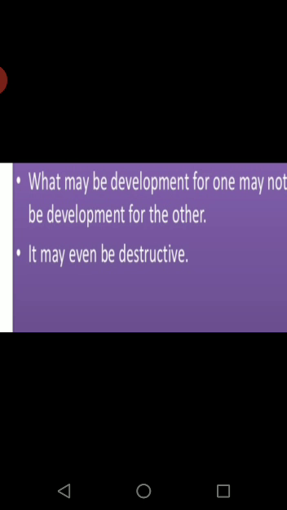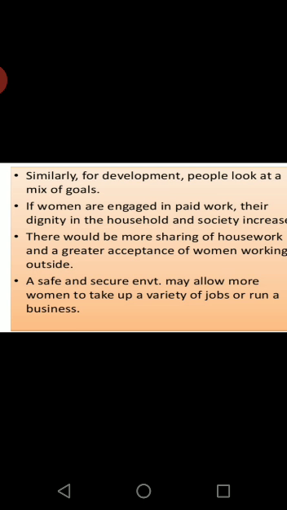They have lost their livelihood, we have lost the ecosystem, we have lost the environmental balance also. Likewise, there are so many examples. So, what may be development for one may not be development for another. Let us move to the third feature of development.